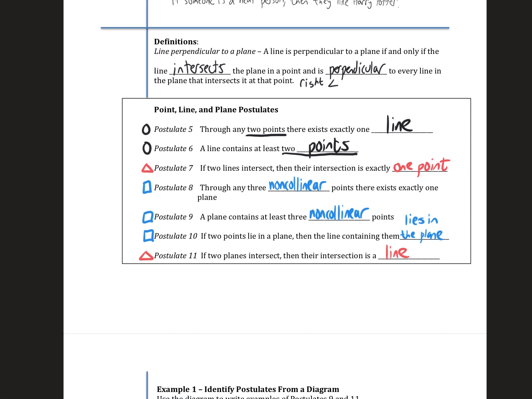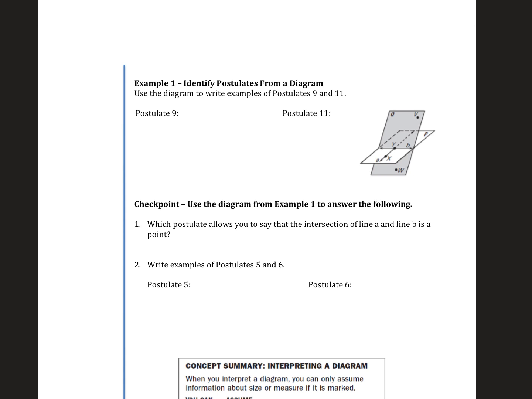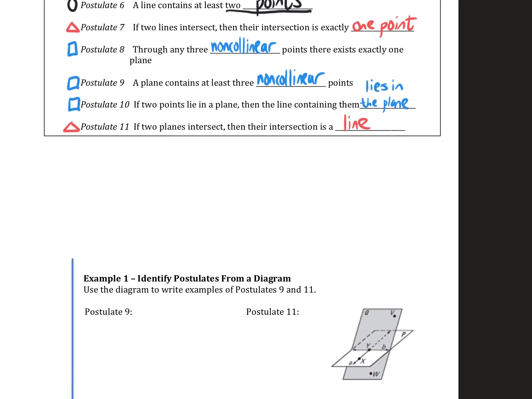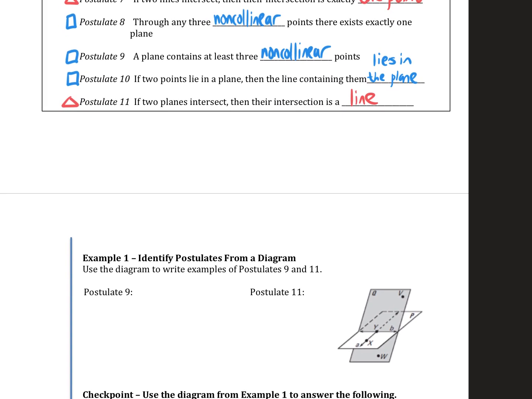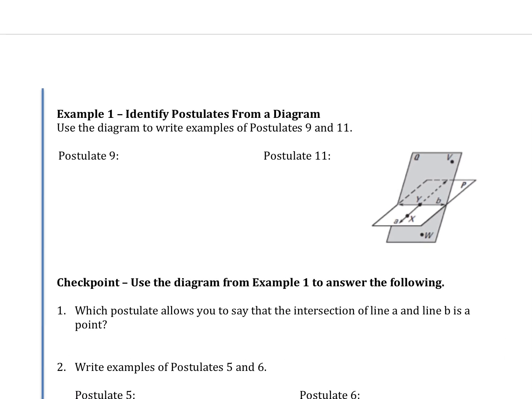All right? Sounds good. On the next page, it's identify postulates from a diagram. It says write examples of postulates 9 and 11. Postulate 9, if you recall, says a plane contains at least 3 non-collinear points. So we need a plane that has 3 points that are not in a straight line. If we look at the planes here, we have plane Q right here and plane P right here.